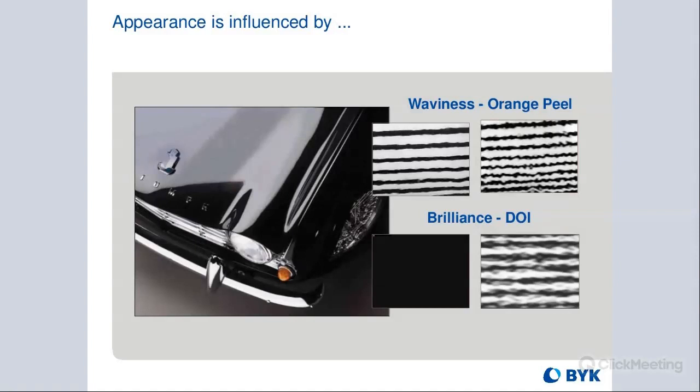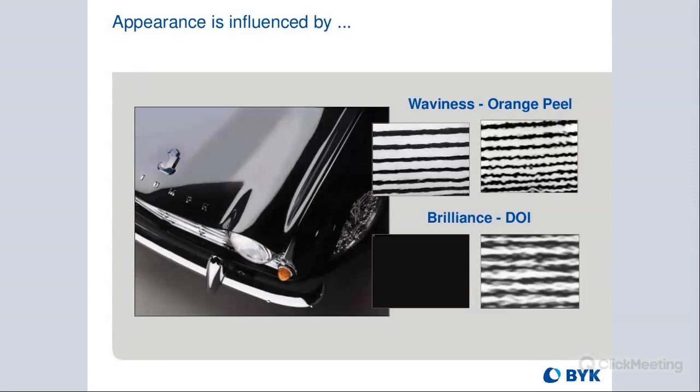The microstructures in the surface can cause this wavy effect that affects how we see the surface. And that presents in two categories of ways. One is the waviness, what is commonly referred to in the industry as orange peel, because it has the appearance of the surface of an orange.